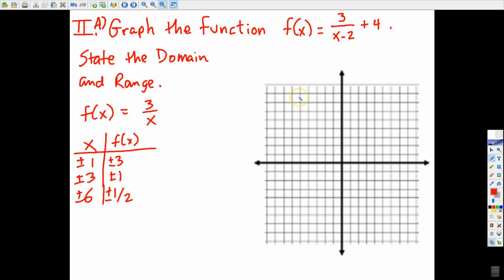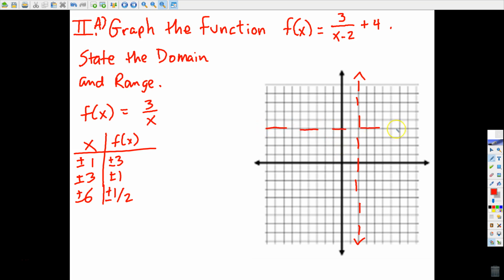So the way I show that movement of 2 places to the right, I move the original vertical asymptote, which used to be the y-axis, but now it's going to be the line x equals 2. That's going to take care of the 2 places right. And the way I take care of the 4 places up is I take this original horizontal asymptote, which is the x-axis, and I just move it up 4 places.